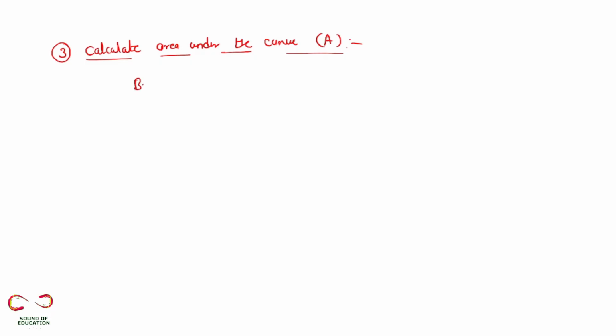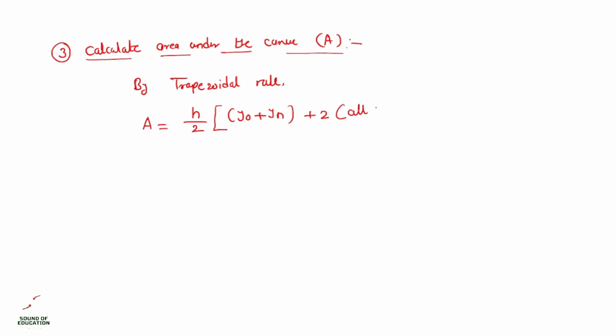So the trapezoidal rule formula is capital A is equal to h by 2 into the bracket y0 plus yn plus 2 into all remaining terms of y, right?